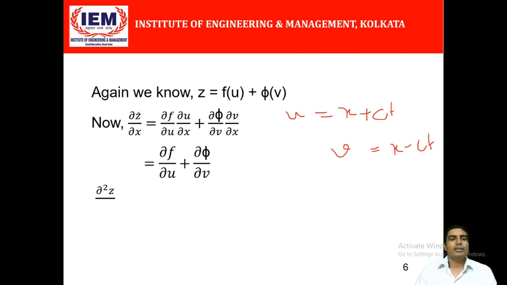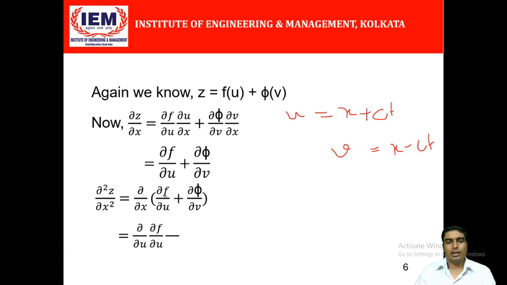Now again I am differentiating this one with respect to x partially. Then by using the chain rule again, I can find the differentiation in this way. So I differentiate this one with respect to u and we adjust ∂x here, and similarly here we differentiate with respect to v, and we adjust ∂x here.